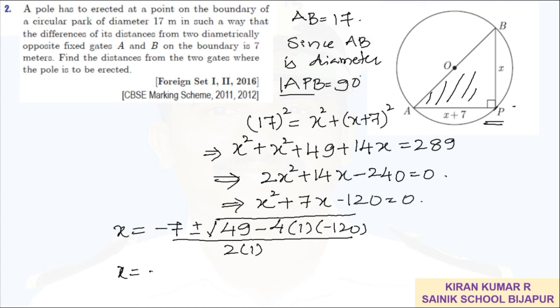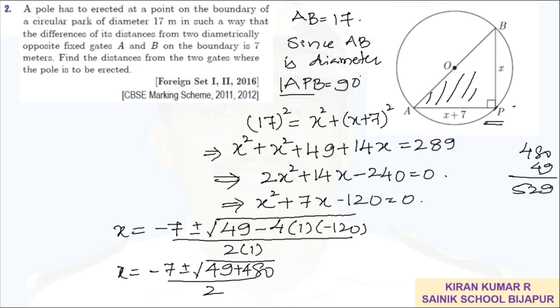So x value becomes minus 7 plus or minus root of 49 plus 480 divided by 2. This 480 added to 49 will become 529. 529 is perfect square and the square root of 529 is 23. Therefore, we get minus 7 plus or minus 23 divided by 2.